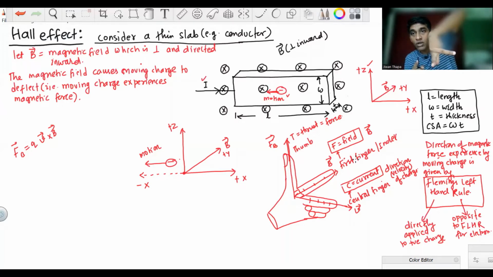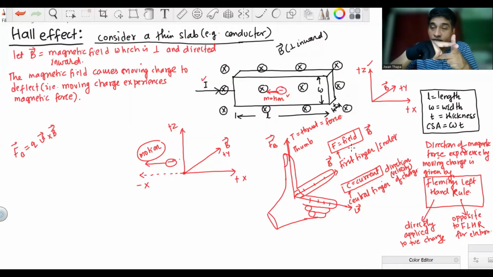Opposite to Fleming left hand rule means this, because electron is having real motion towards negative x, I am taking motion of electron opposite. So we can see this finger is acting towards positive x, and the direction of field is the same, so magnetic field is acting along positive y.